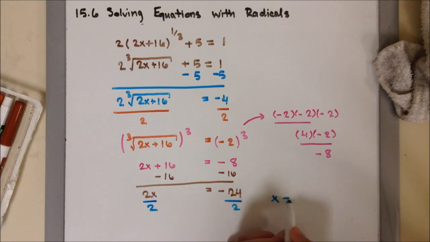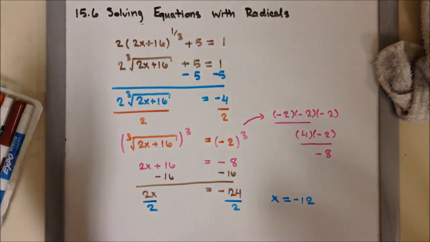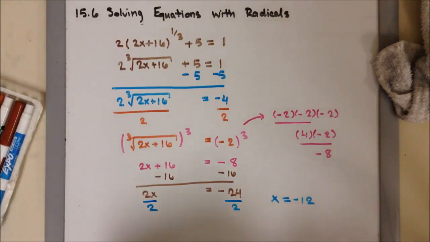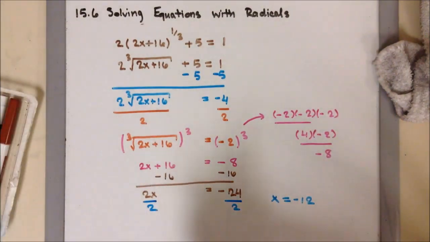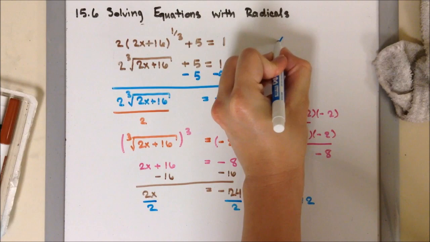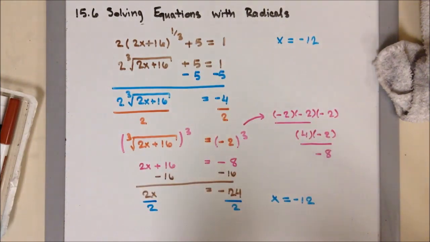So x will equal negative 12. But again, I'm not officially done because now I need to check if it works. So I'm going to write this up here stating that I found that x is negative 12, and simply going to check if it works.